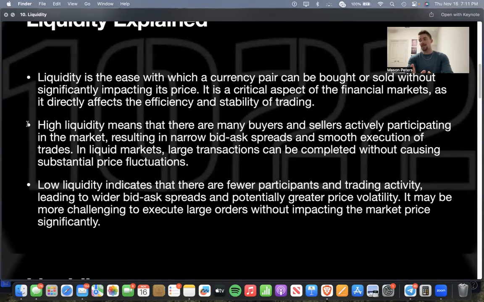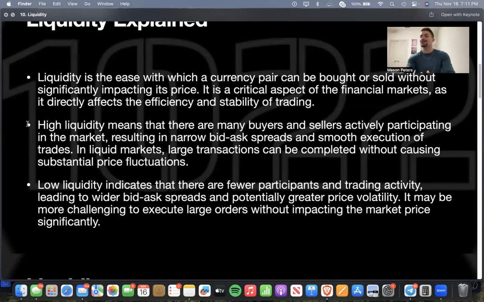You'll notice that from 5 to 6 p.m. Eastern Standard Time, the market has a large spread. Not only is the market not really active during this time, but there is very, very low liquidity.